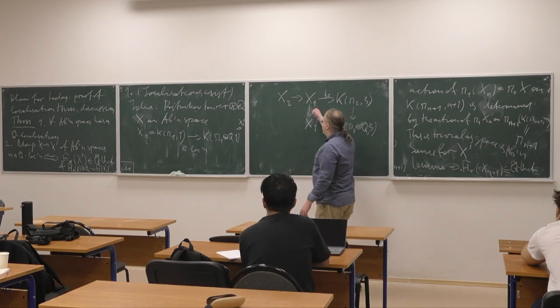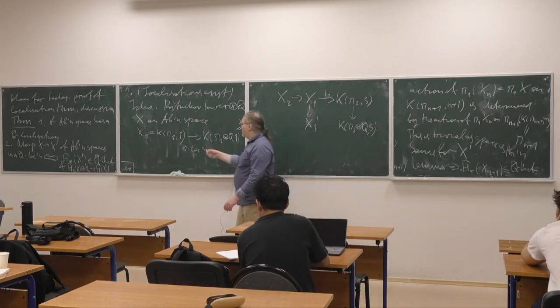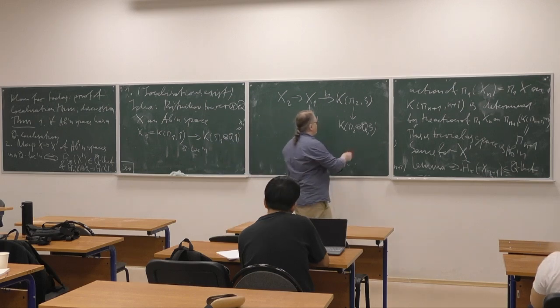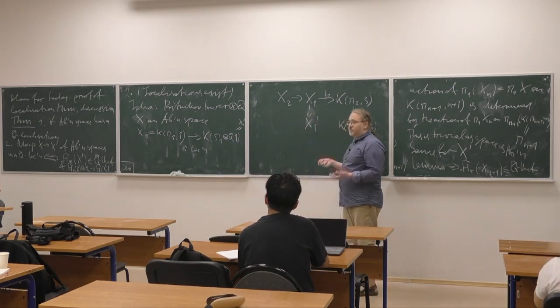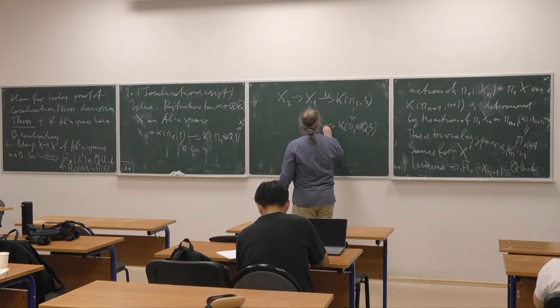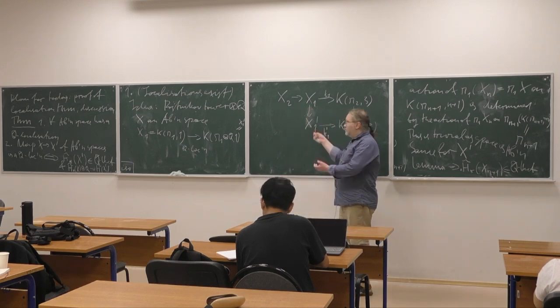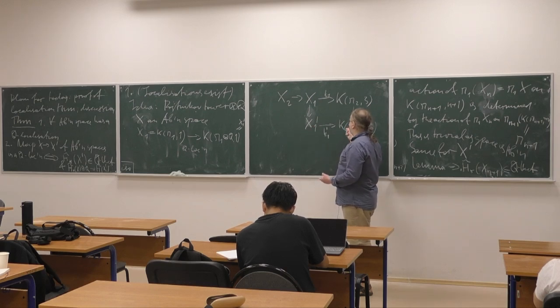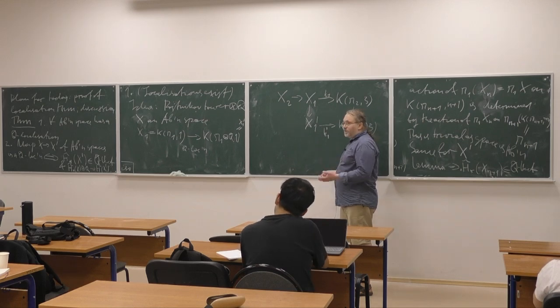Well, this map is just induced by tensoring by Q. Good. Now, my claim is that there is a map from X1 prime to K(π2 tensor Q, 3), which makes the diagram homotopy commute.